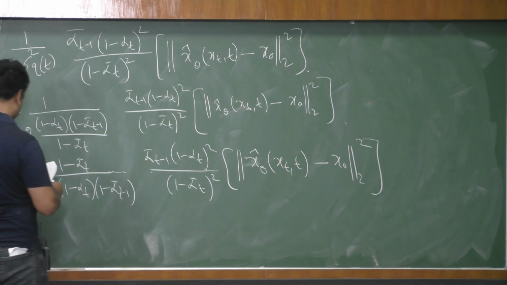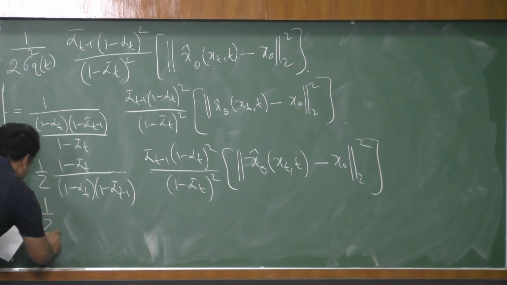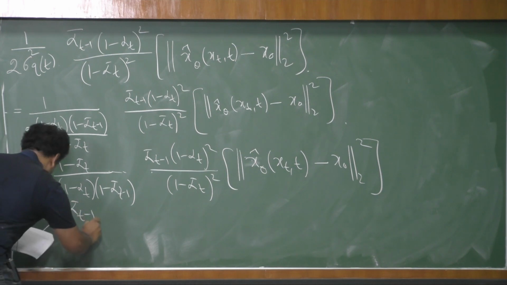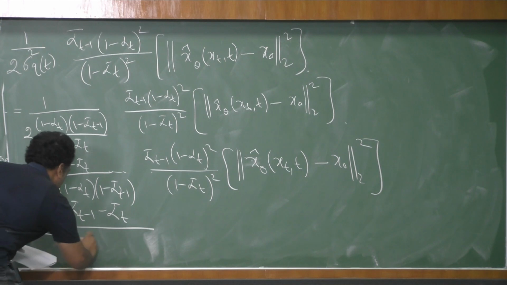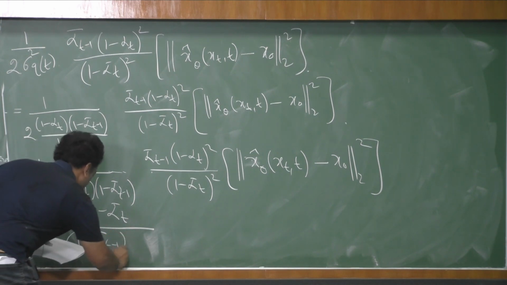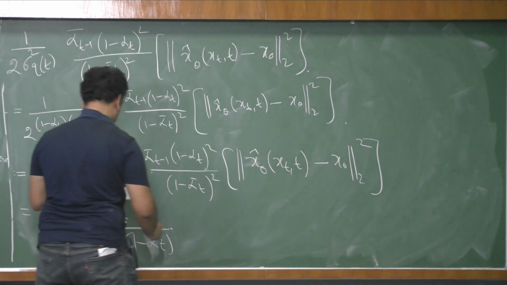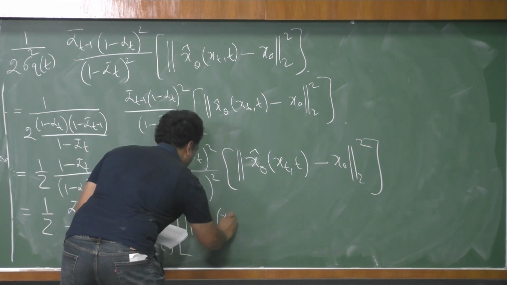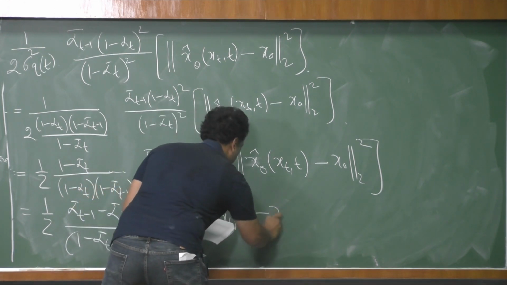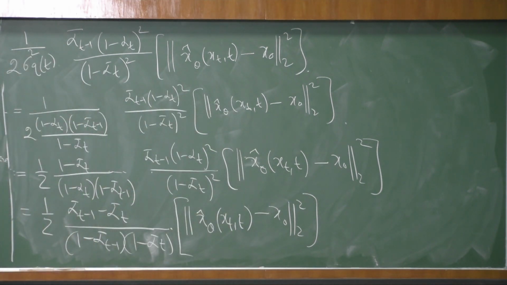So this is equal to half of alpha bar t minus 1 minus alpha bar t divided by 1 minus alpha bar t minus 1 minus alpha bar t, times x hat theta of xt, t minus x naught squared. Okay, we did the cancellations here, and then we have this simplified term.